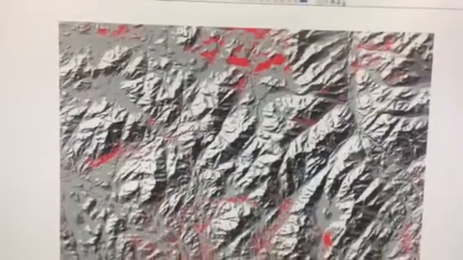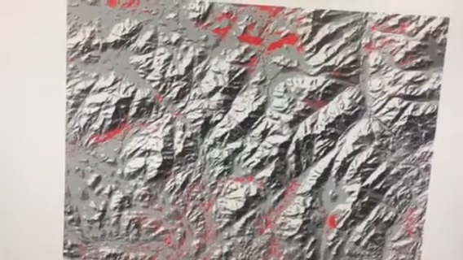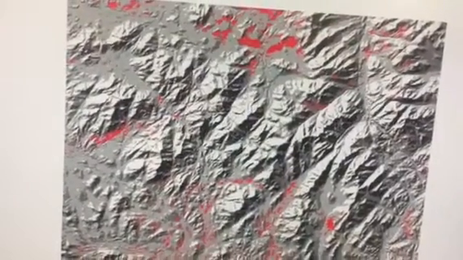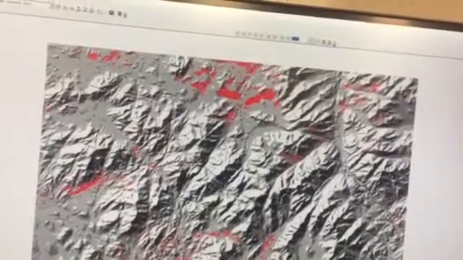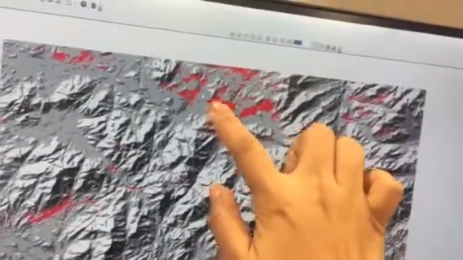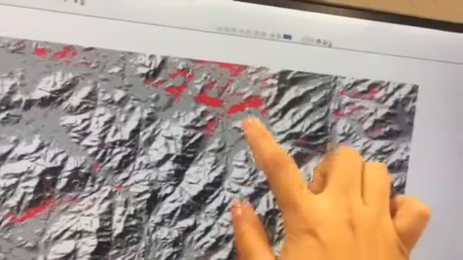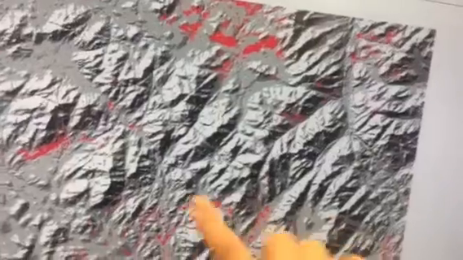And then those red spots are actually the locations where the archaic peoples liked to camp in the Adirondack Mountains. This is the Adirondack Mountains, and this is the spot for the archaic peoples' camping. These are their camping sites.